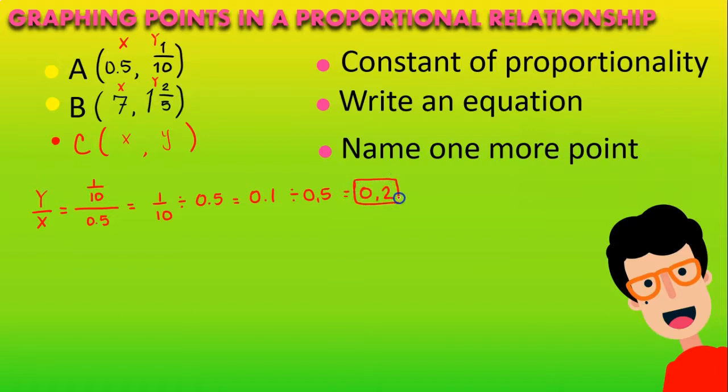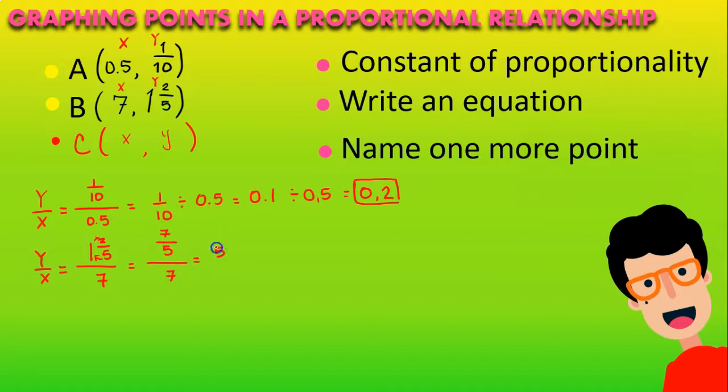Let's try doing that with point B. In point B, you also do y divided by x, which is 1 2/5 divided by 7. Now, you're going to see that this is an improper fraction. So you multiply 5 times 1 is 5, plus 2, that's 7, so 7/5 divided by 7.